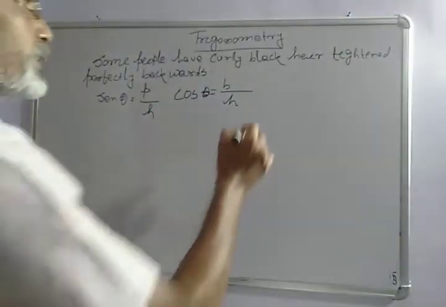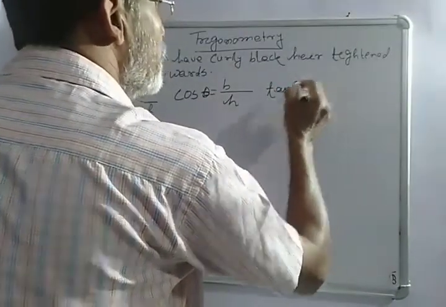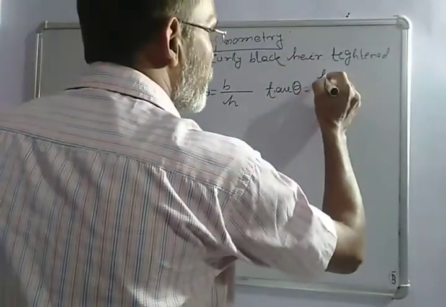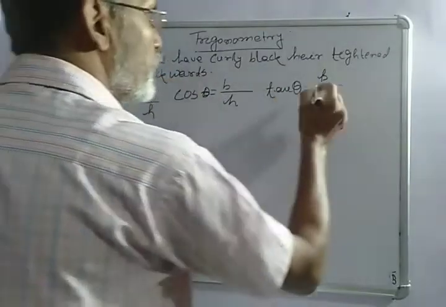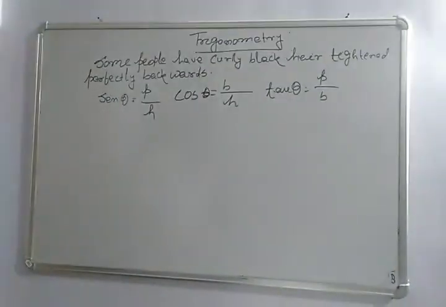Then tan theta is equal to tightened: T for tan theta, P for perfectly, and B for base.